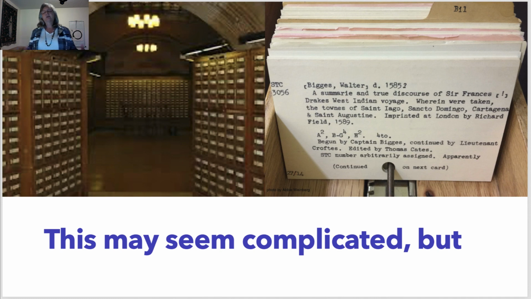Now, as difficult as this may seem, and not to make myself seem old, but I'm getting there, this is better than it used to be. When I was an undergraduate, this is how the libraries looked, and they had these things called card catalogs that were these big long drawers, and they looked like they had the information that you now pull up online typed onto a card.